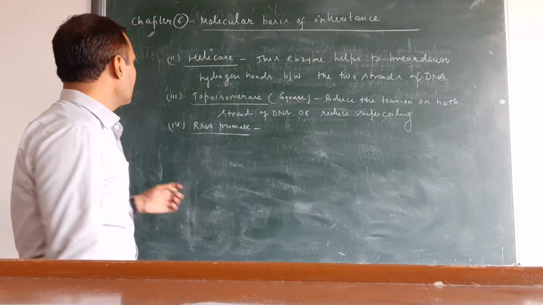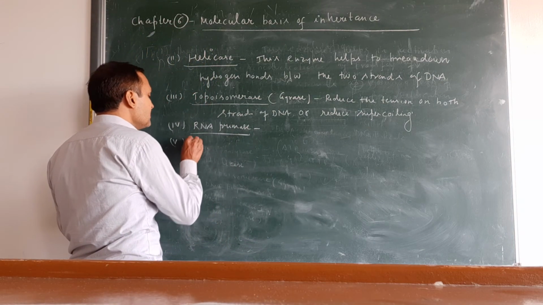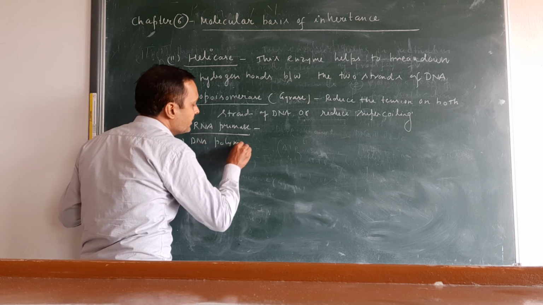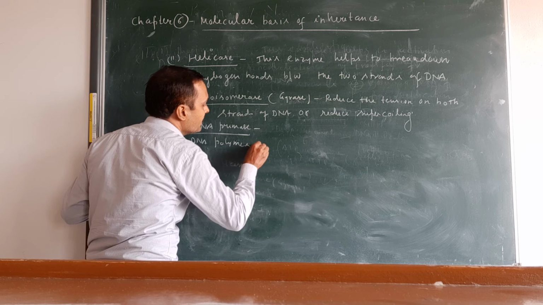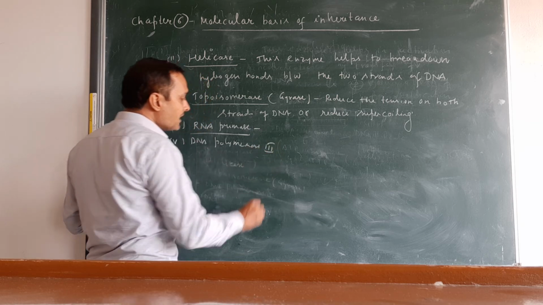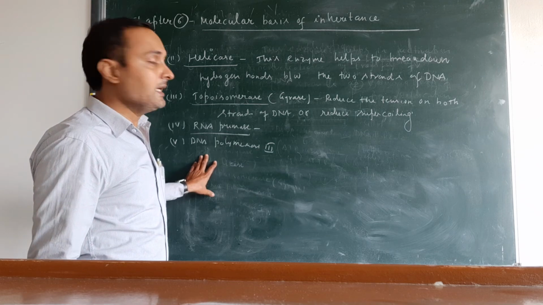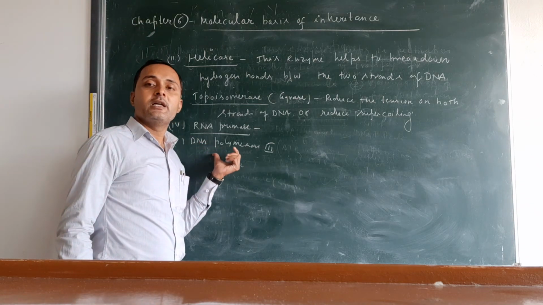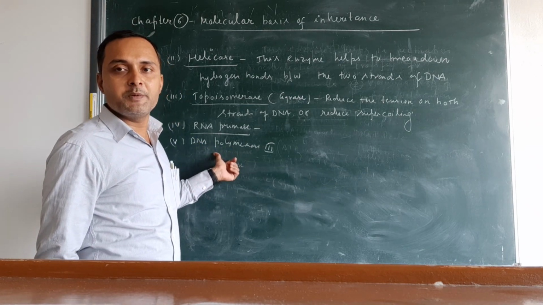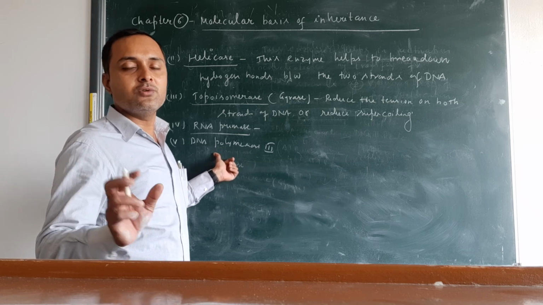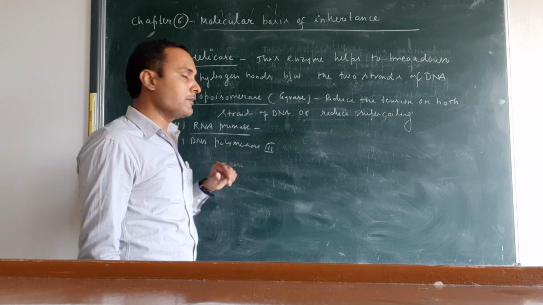Next one is DNA polymerase III. This is the main DNA replicating enzyme that helps in the addition of nucleotides on both strands of DNA to the free OH group of the RNA primer.